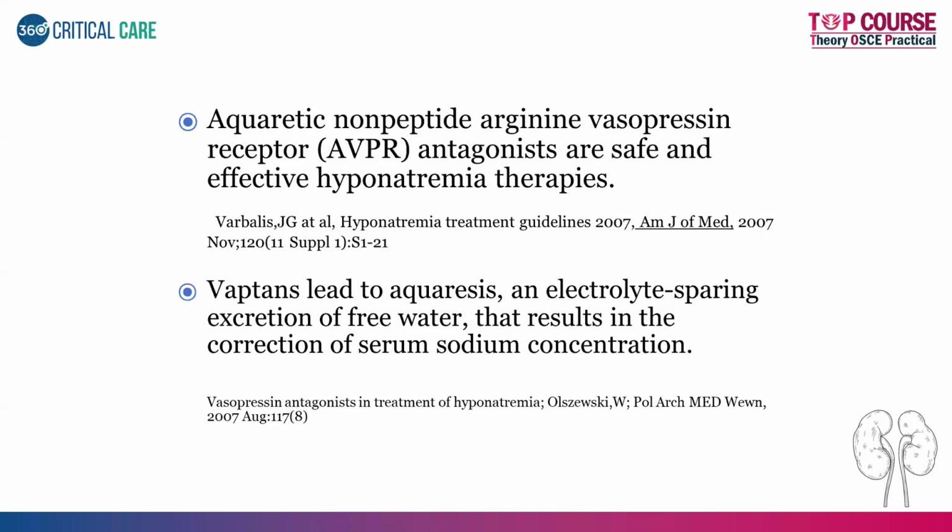So these are the things which they have mentioned. They are effective and safe. They do not cause excessive hyponatremia or any other sort of dyselectrolytemia. This actually gives them a better standing as compared to diuretics, because diuretics are usually associated with dyselectrolytemia.